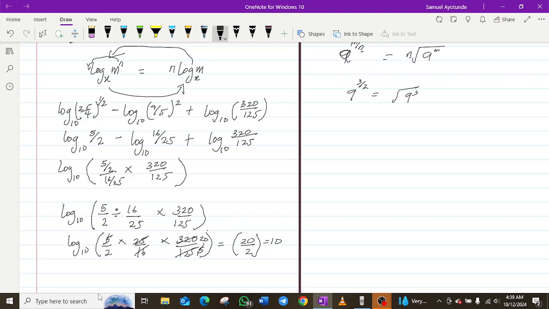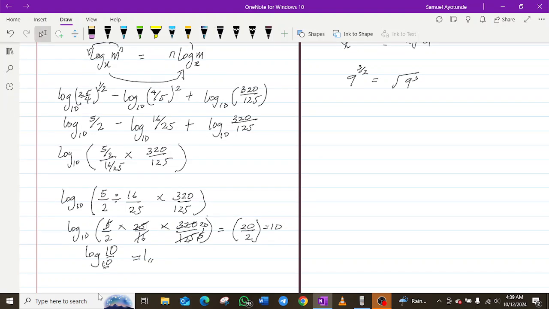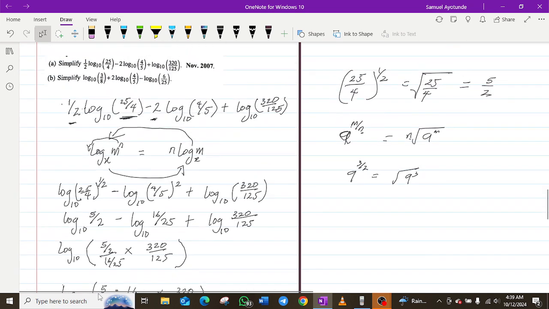So we then have log 10 base 10. And when the argument and the base are the same, the answer is equal to 1. So the answer for our simplification is 1. So we have answered question A.